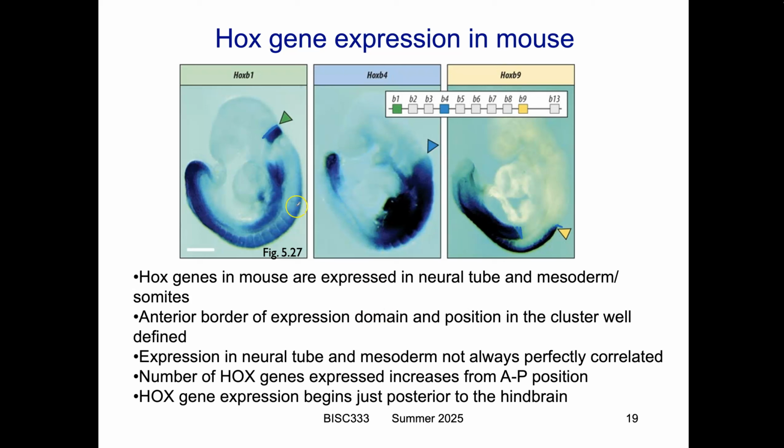Yeah, and so you're not meant to memorize these, just to see that the anterior boundaries of expression are further back with each one of these genes. And this is just one of the complexes.